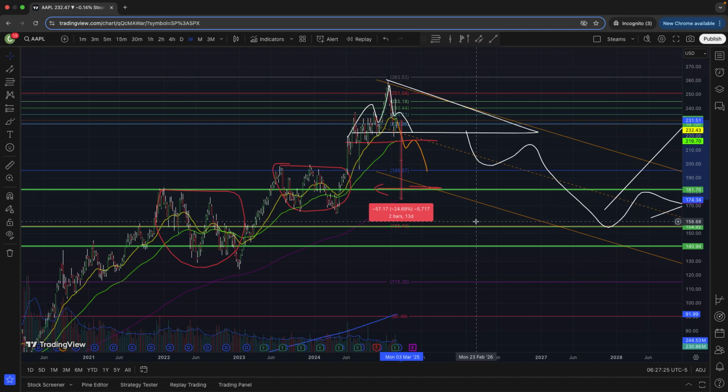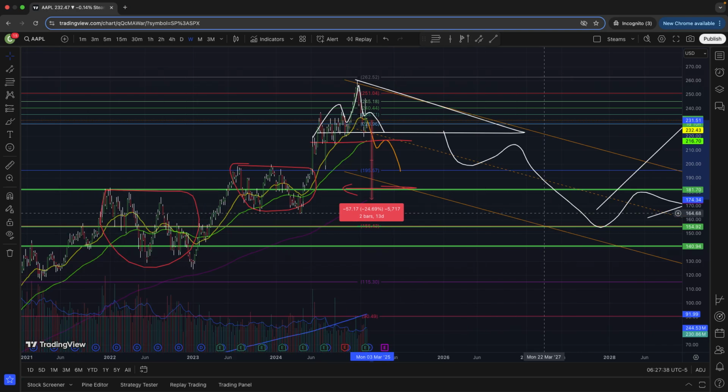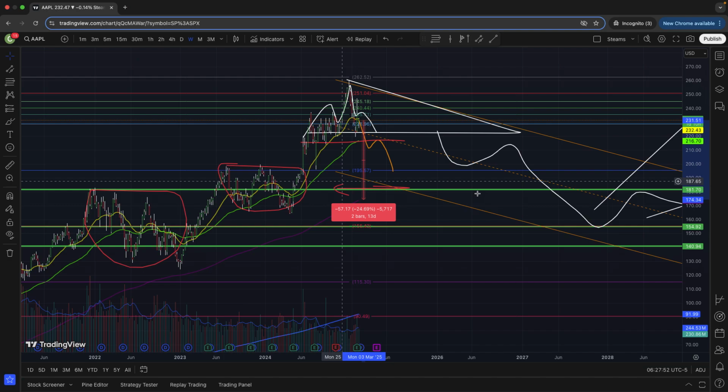Are you ready for all the people panicking and screaming and crying with Apple when it does this 25% drop? Because I'm already giving you all the factors saying that this is what needs to happen for this stock to stay healthy for upside continuation. It needs to blow off a little bit of steam into this range, test it, prove that this is a fair price for Apple, and then continue up.